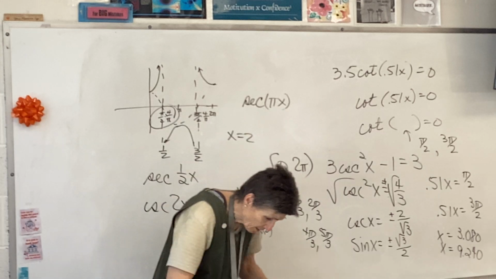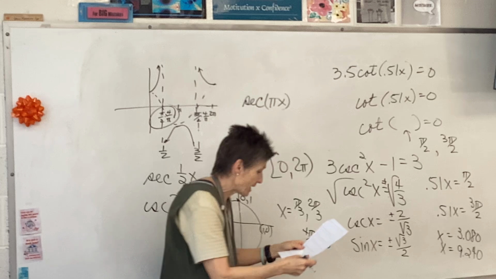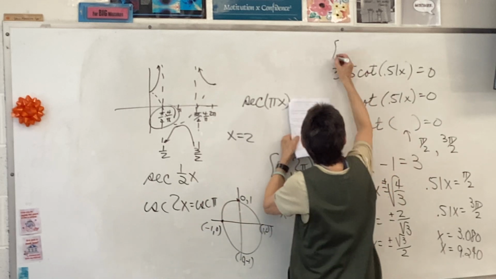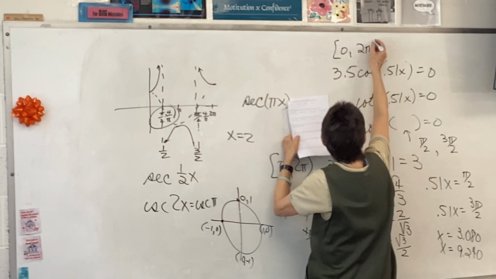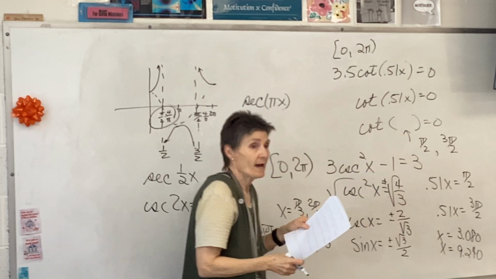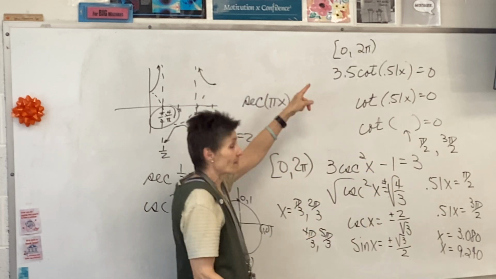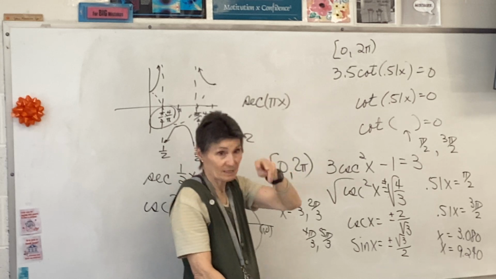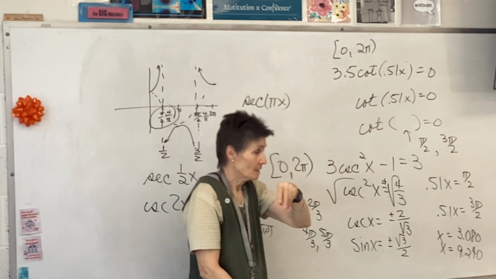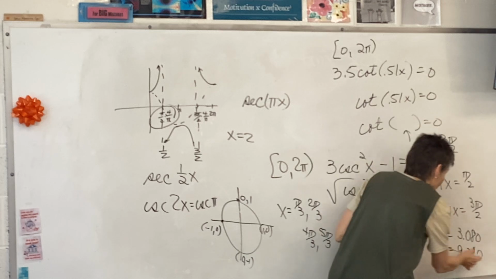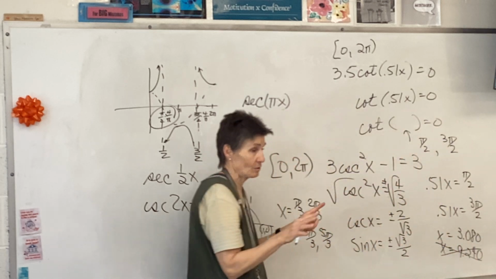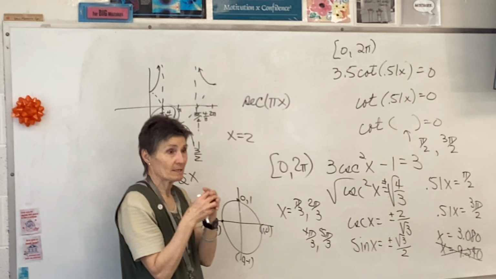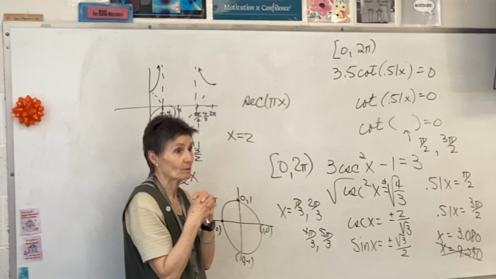Because the directions say for problem number 21 that whatever answer you give has to fall in that interval. And 2 pi, remember, is 6 point something. So this guy is too big. He's a legit answer, but he doesn't fit our parameters, so we have to get rid of him.